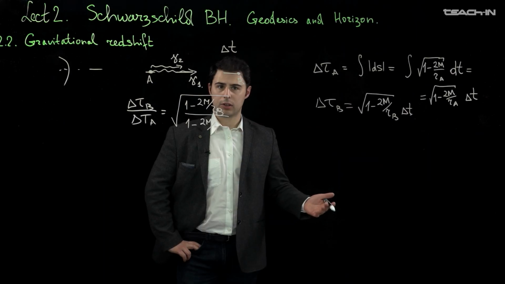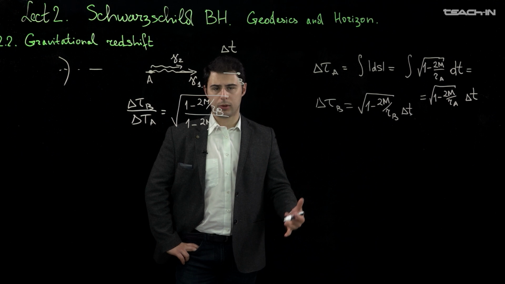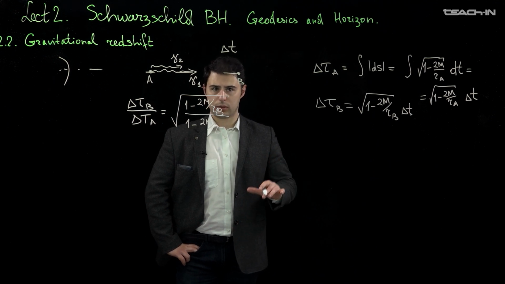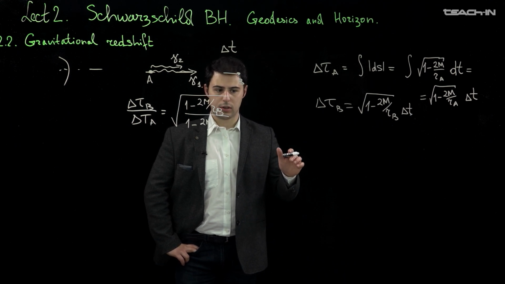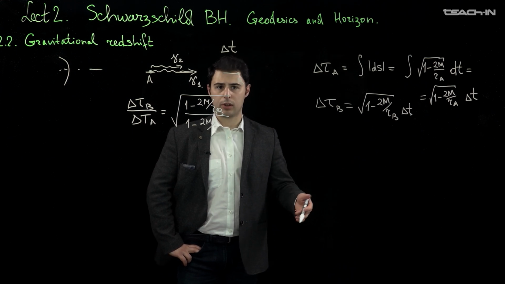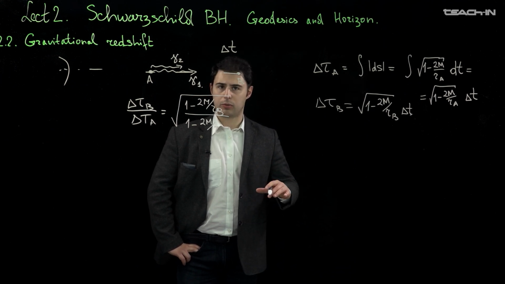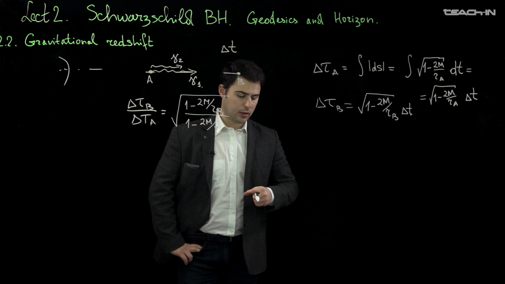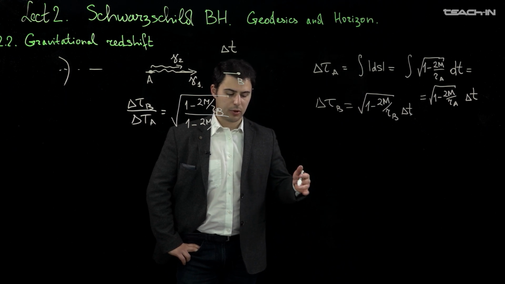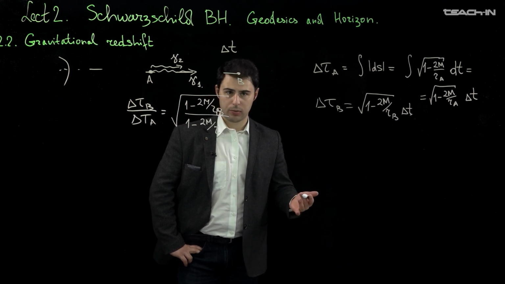So now let us consider the waves instead of the single photons. We can repeat the similar argument, where now delta t measures the time interval between the two successive wave crests, as measured by the asymptotic observer. Therefore the period of a wave is delta tau, and for light the period is the same as the wavelength.